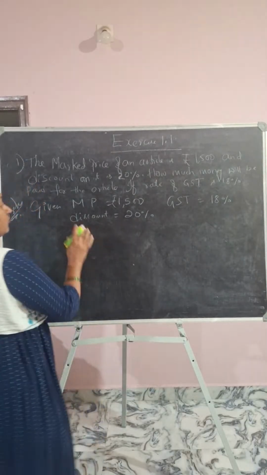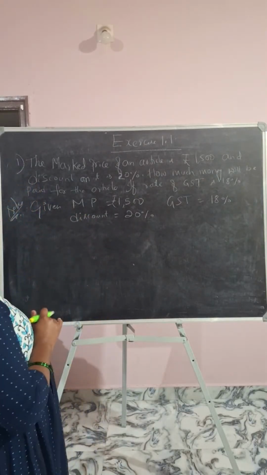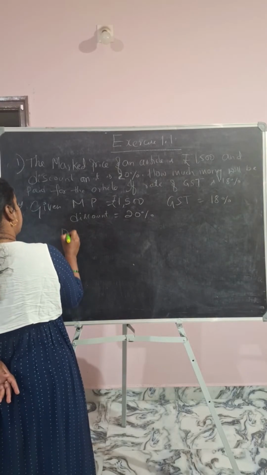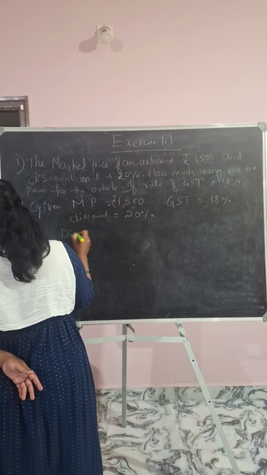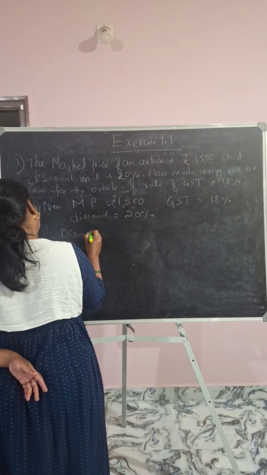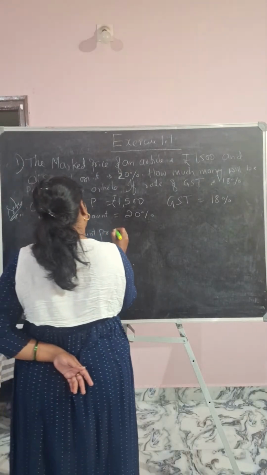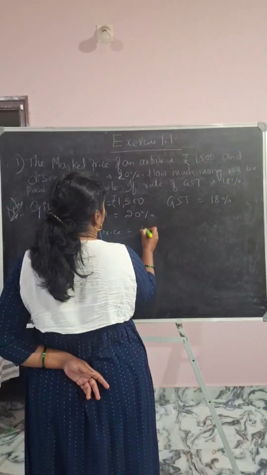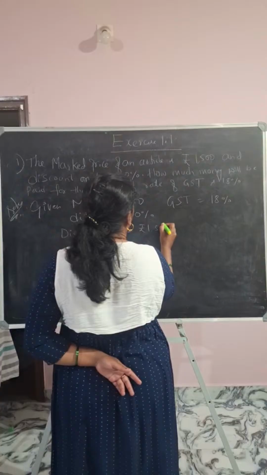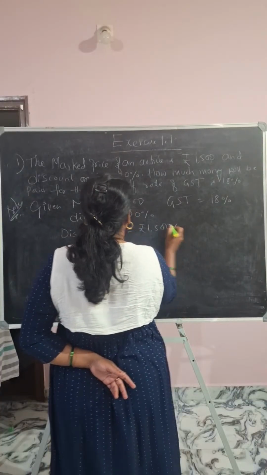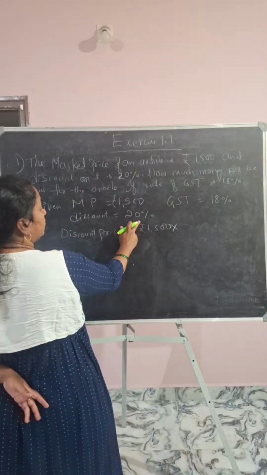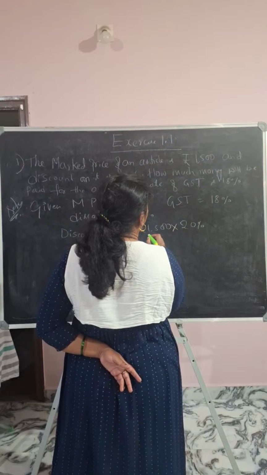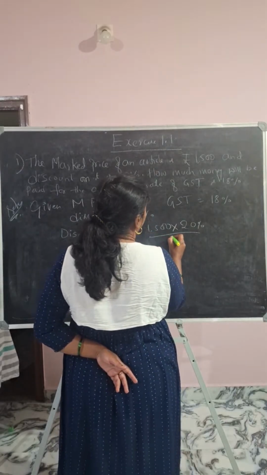So first we have to calculate the discount amount. That means discount price is equal to rupees 1500 into what is the discount percent? 20% divided by 100.